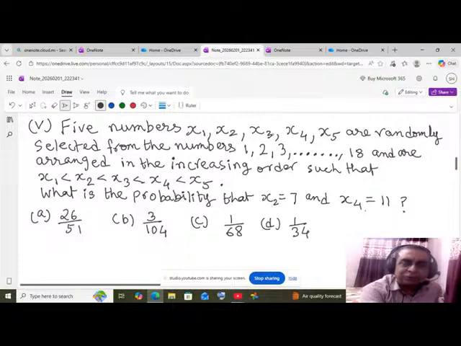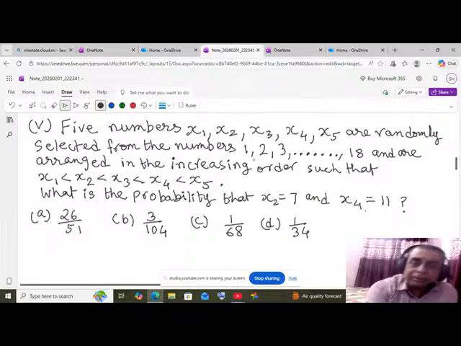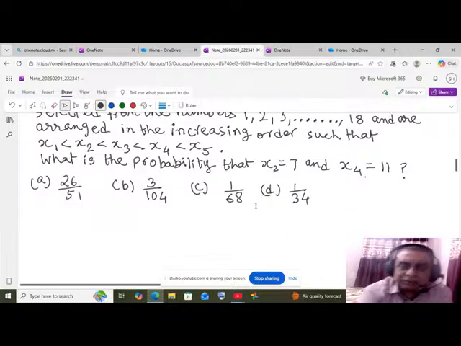Five numbers x1, x2, x3, x4, x5 are randomly selected from the numbers 1, 2, 3, up to 18, and are arranged in increasing order such that x1 is less than x2, less than x3, less than x4, less than x5. Then what is the probability that x2 is equal to 7 and x4 is equal to 11?